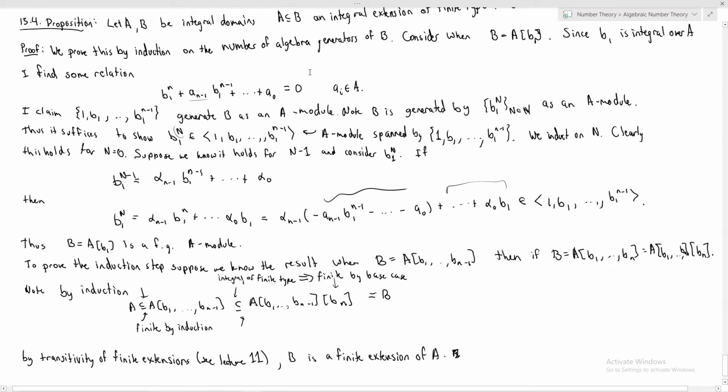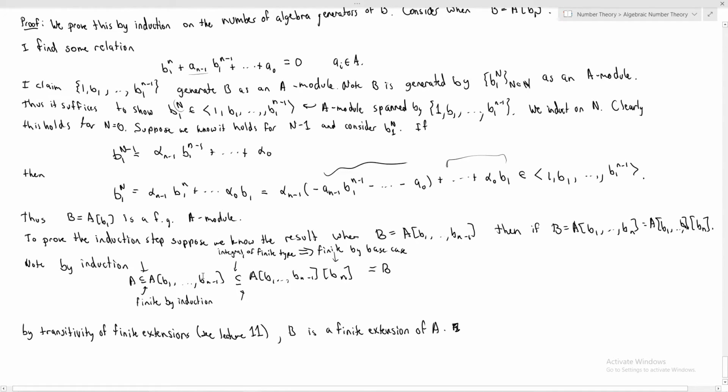Then you use your polynomial relation to essentially reduce the power of b sub 1. That's the way I'd like to think about it: I take a big power b1 to the n, and I can reduce this power using this relation until I get down to the degree of this minimal polynomial or something like that. Okay, so that's how you prove it when you have one generator.